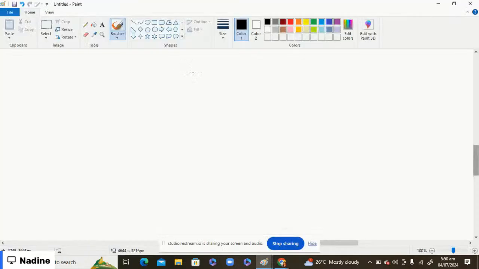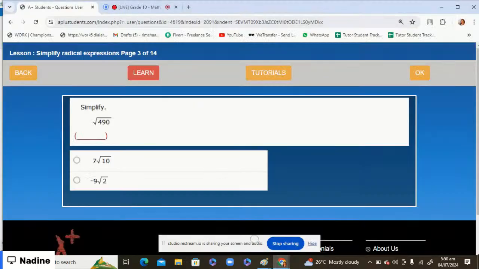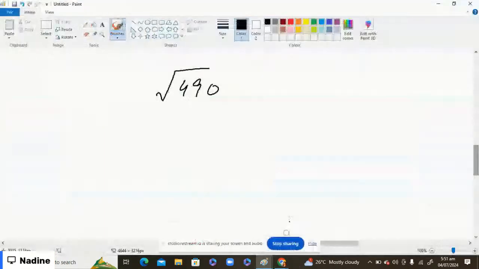If you have a question like square root 490, sometimes you use the calculator, type square root and then 490, and get your answer. But sometimes you use another way, where you take the number inside, make it into factors, and then put some outside.